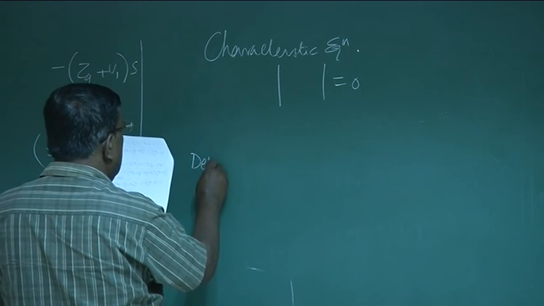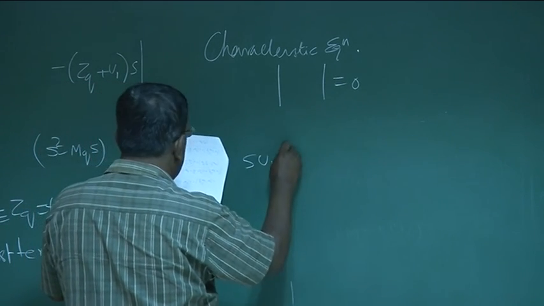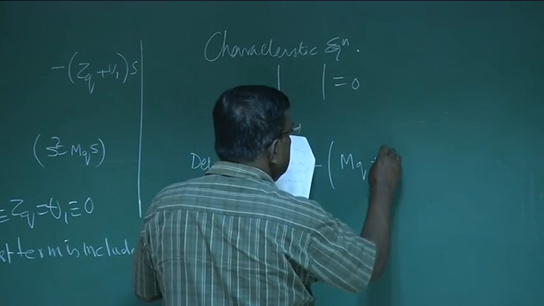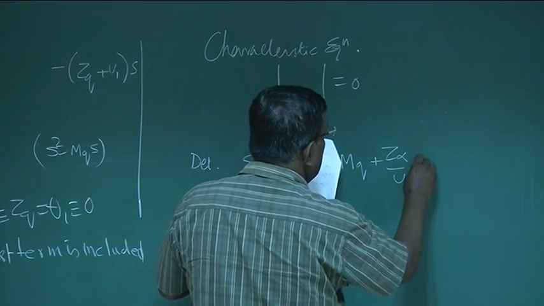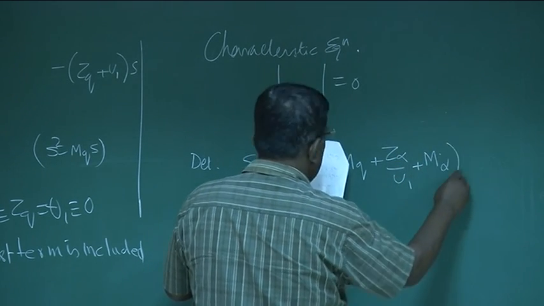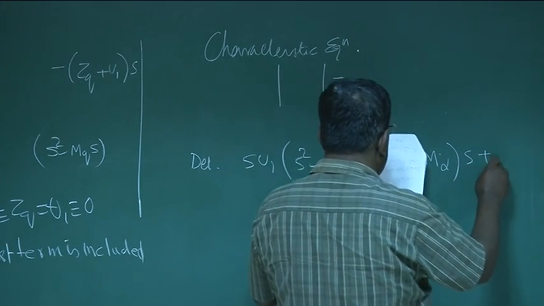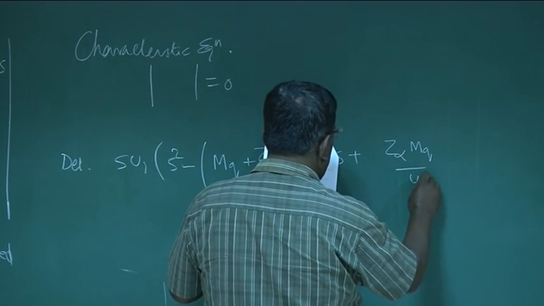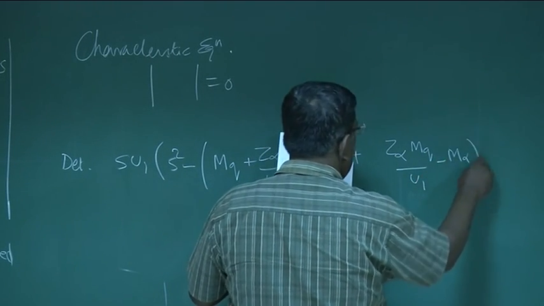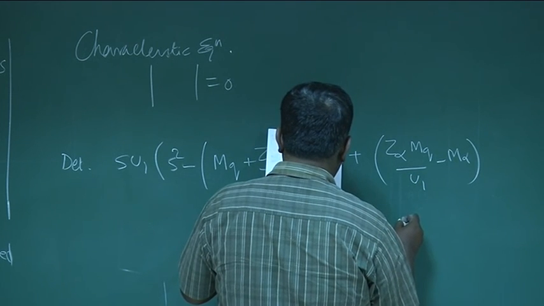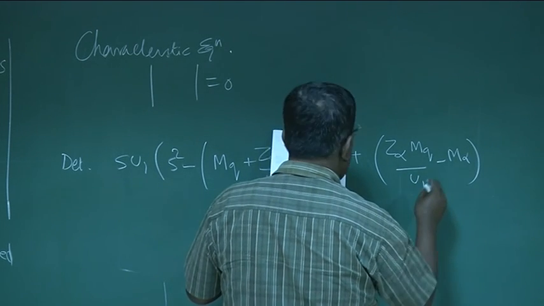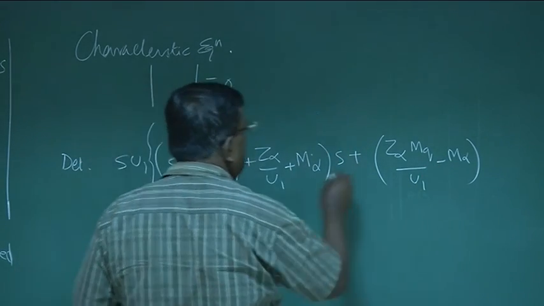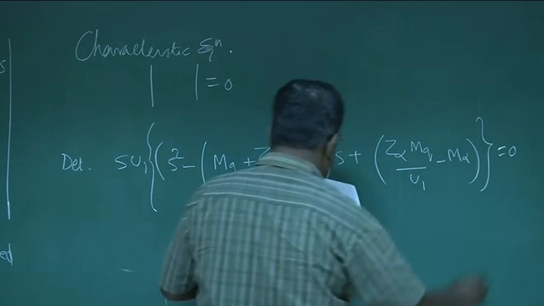Determinant is s u1 [s square minus (mq plus z alpha by u1 plus m alpha dot) s plus (z alpha mq by u1 minus m alpha)], right? And that will be equal to 0.